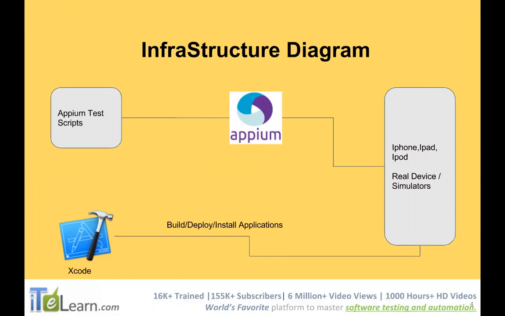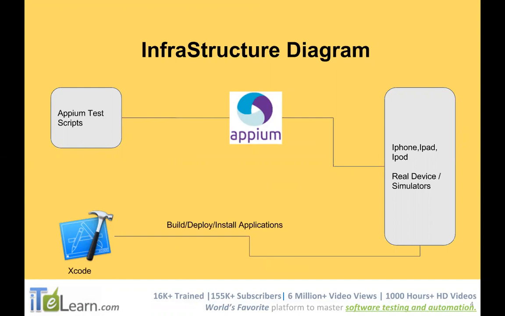The diagram itself looks very simple. From the Xcode side, it is used to set up the project where you have the source code of the application which you want to test and deploy on the device.